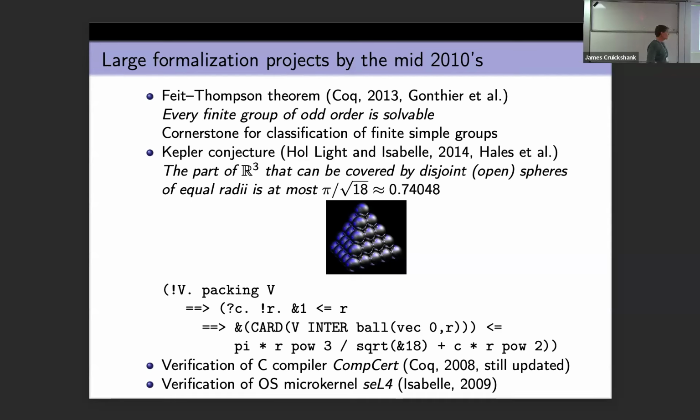Okay, so those were two very big math projects. Maybe the third one will be the formalization of the four-color theorem, also by Gonthier. But also on the CS side, big things happened or are still happening. For example, verification of the C compiler CompCert was done in Coq in 2008, and that is still being updated. So, of course, if you want to trust all kinds of things you're doing, and if you're writing a program and compile it, then you want to be certain the compiler is working according to your specifications.